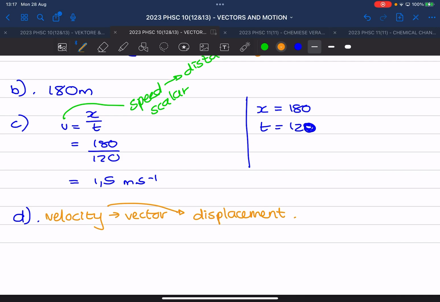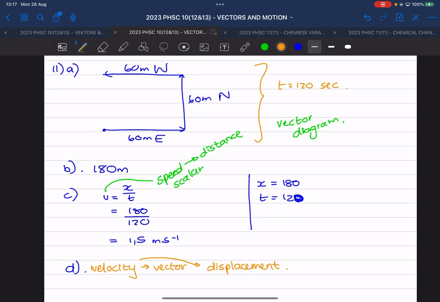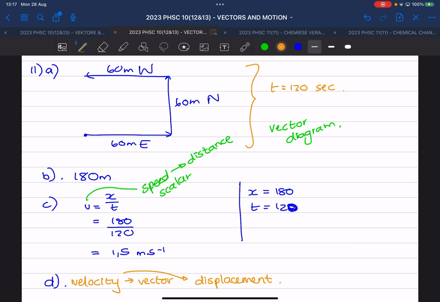So, Kutlwano, what is his displacement for that scenario?